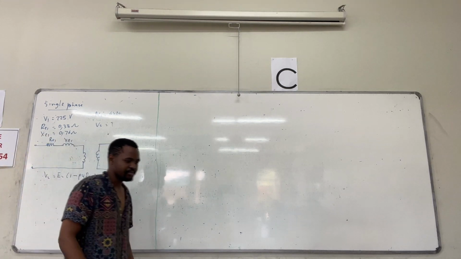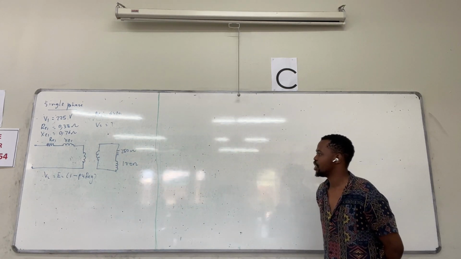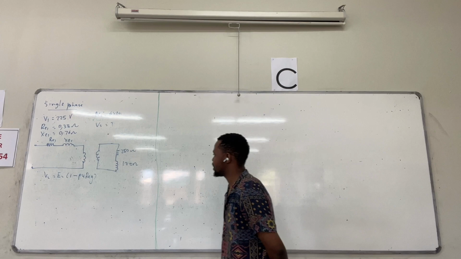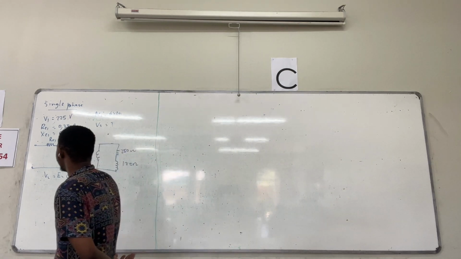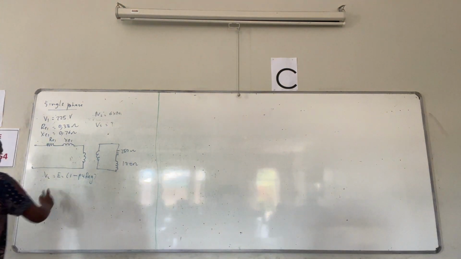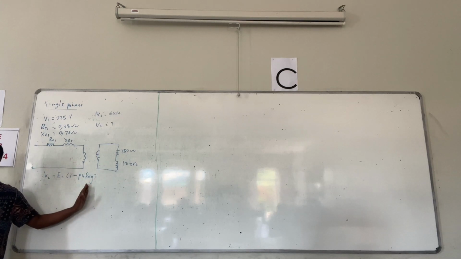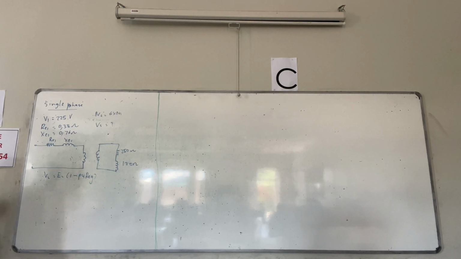So in order for me to get this terminal voltage, what do I need? I need the induced secondary voltage, and then I need the per unit regulation.